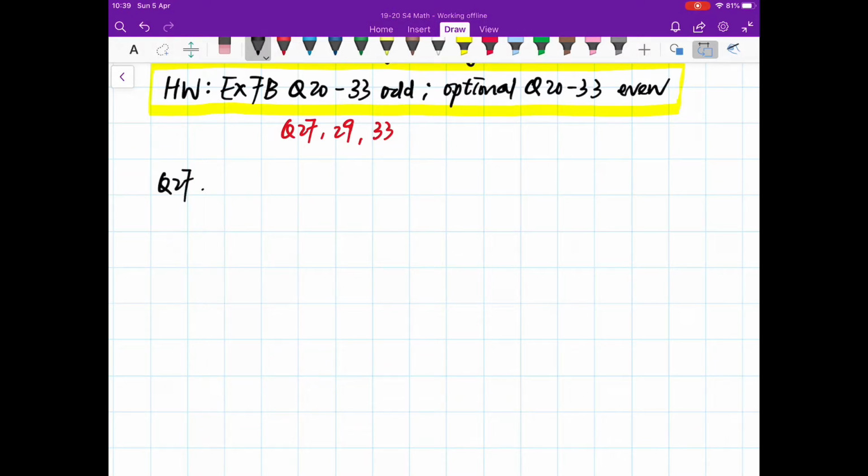So in this question, we have log 2x equals log 4x minus 5 minus 1.